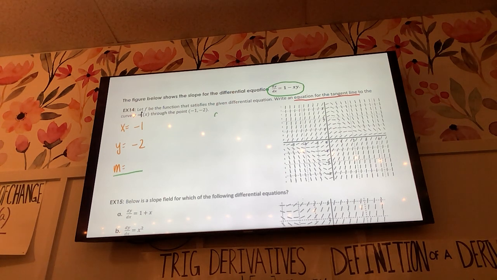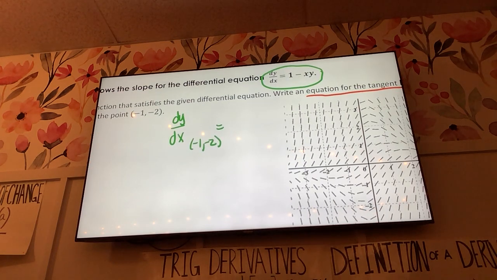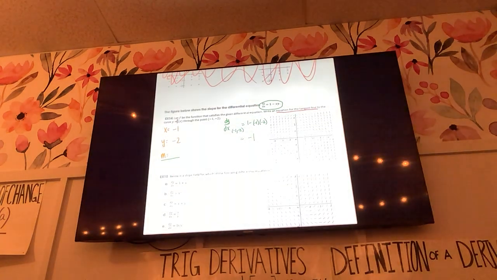So when I'm plugging in -1, -2 into my derivative, which that's all this notation means, dy dx at -1, -2, 1 minus -1 times -2, which is going to end up being 1 minus 2, which is -1. Is that okay? Okay, so your slope is -1.